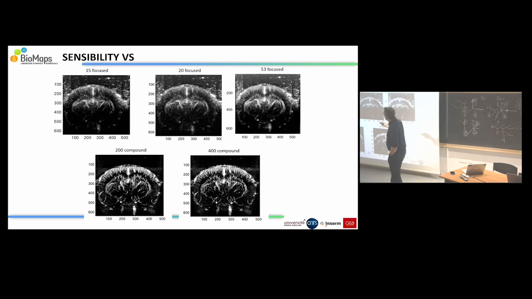If you use classical focusing law, even if you increase the number of focusing in order to increase your SNR, signal to noise ratio, the quality improves a little bit, but not so much. But if you do ultra-fast imaging with more than 1,000 images per second, compounded in order to have this kind of image, you see that you can improve a lot the sensitivity of the technique and see more vessels and more capillaries.